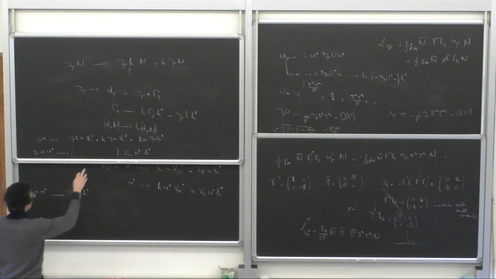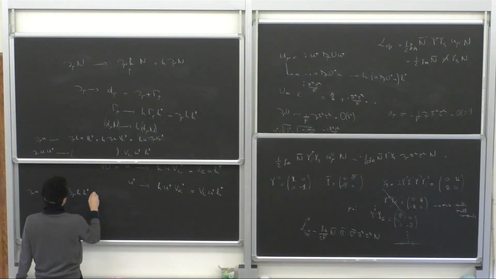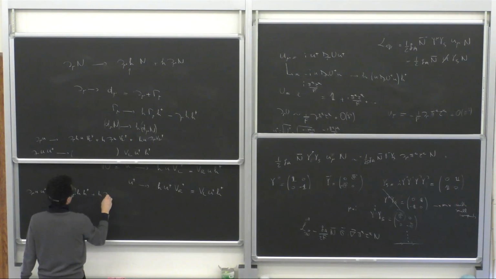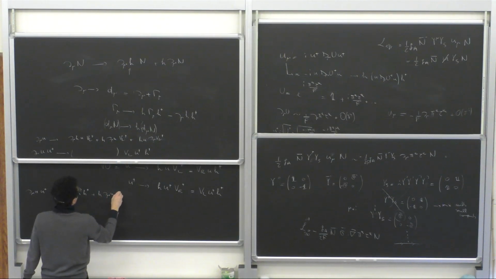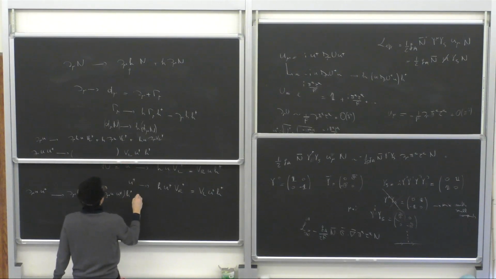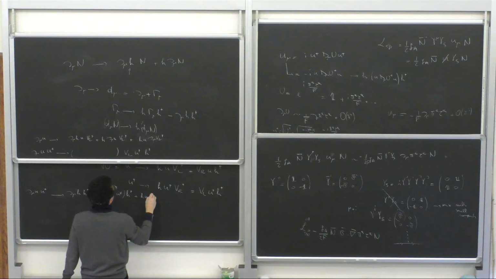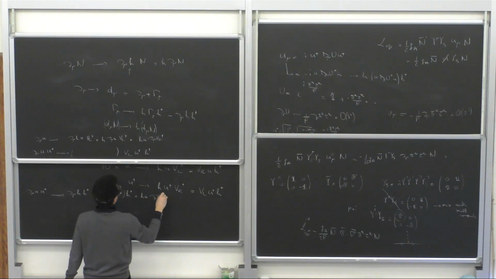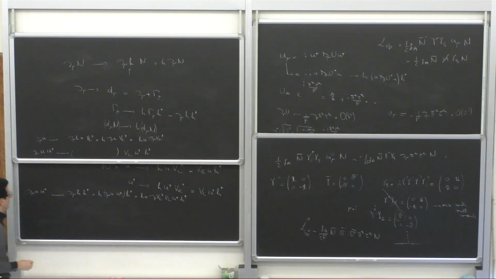Then we have another contribution which is homogeneous, d_mu U dagger H dagger from this, and then we have an extra contribution H U d_mu V_L dagger V_L U dagger H dagger. Okay, so we are almost there.